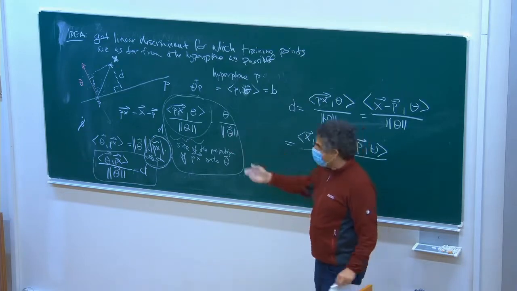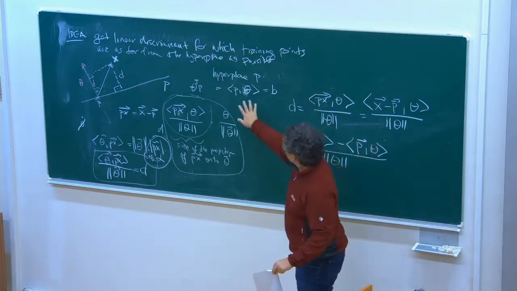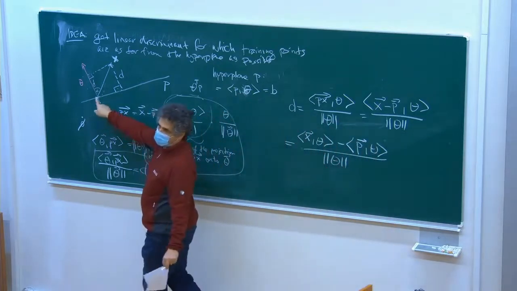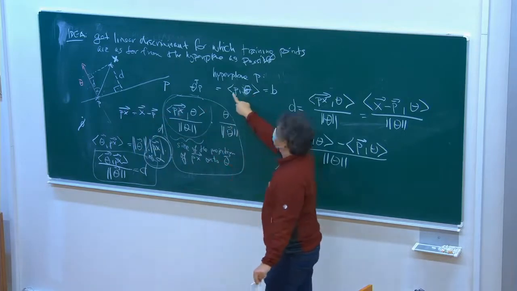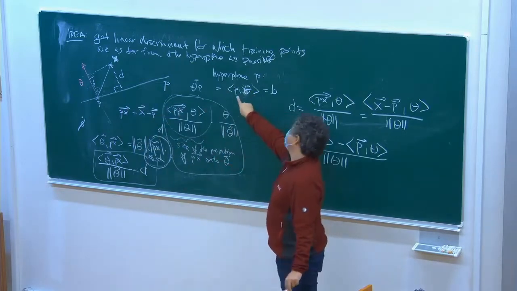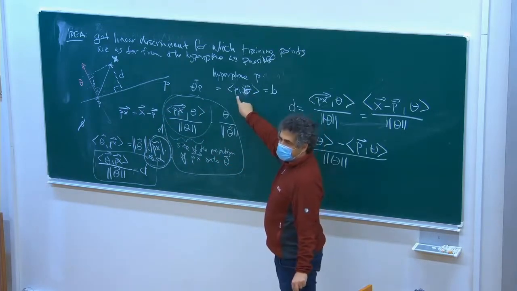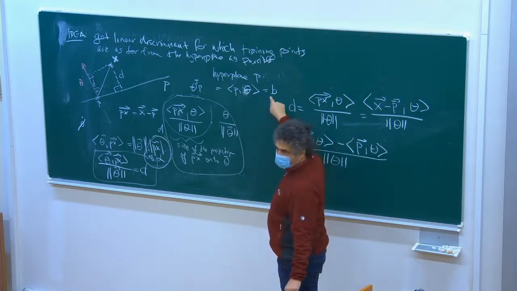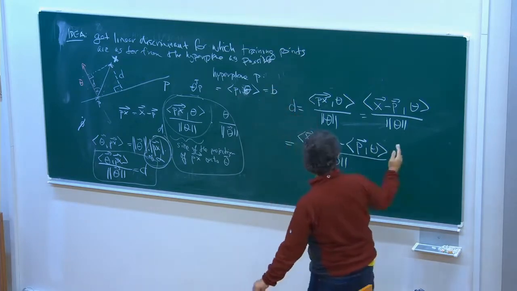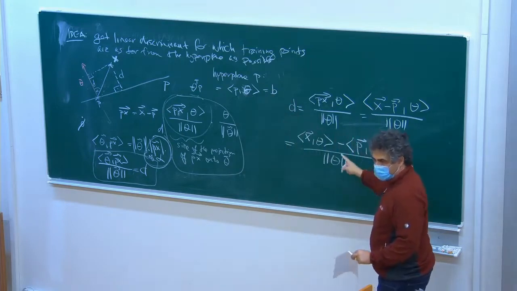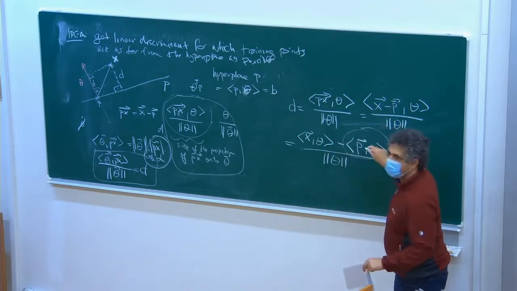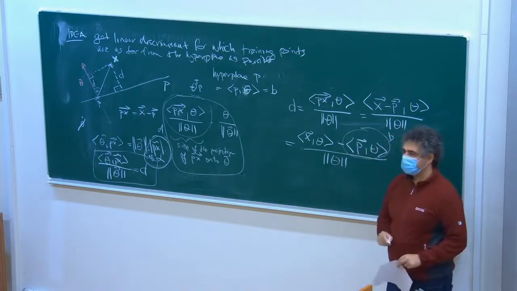And the answer is no, because my hyperplane on which point P is located is defined in such a way that the dot product of P and the vector theta is constant B. So regardless of which point P I choose on the hyperplane, I will always get a B for this.